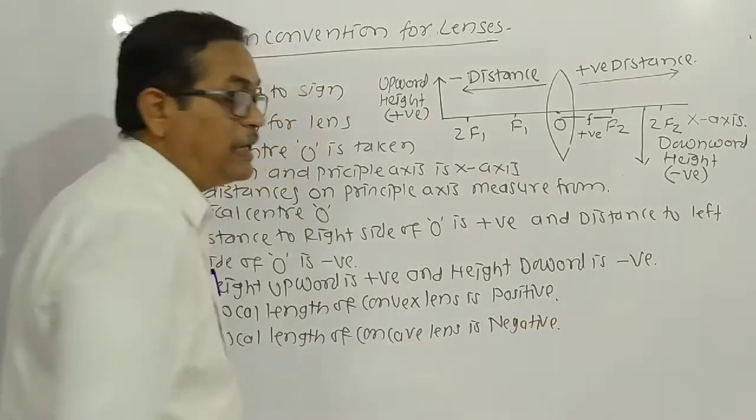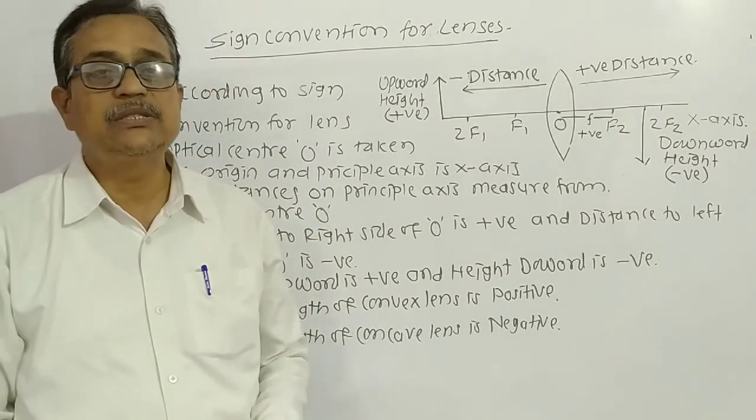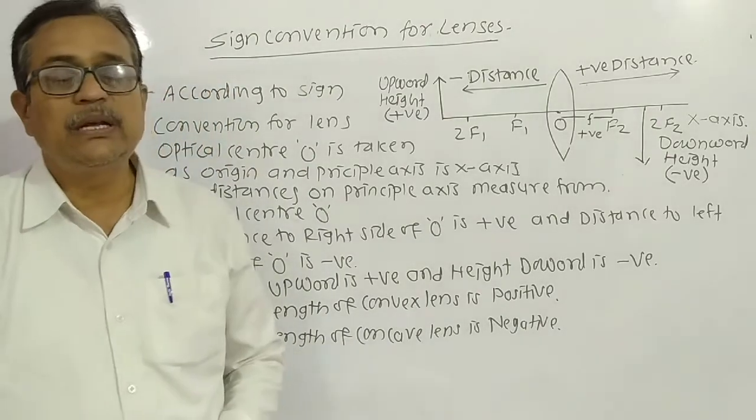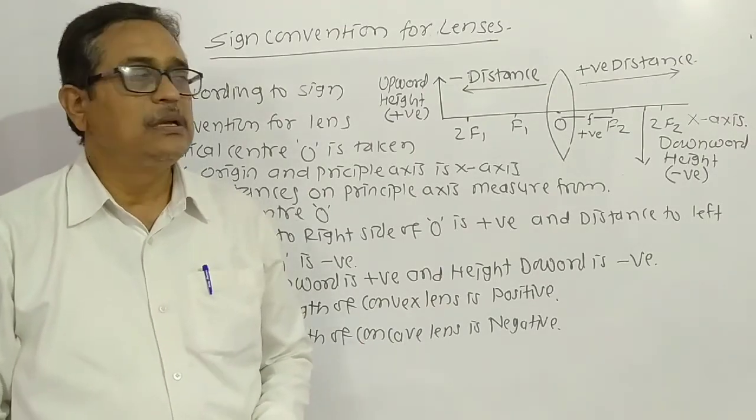Focal length of convex lens is positive and focal length of concave lens is negative. In this way, dear student, that is the topic of sign convention for lenses.